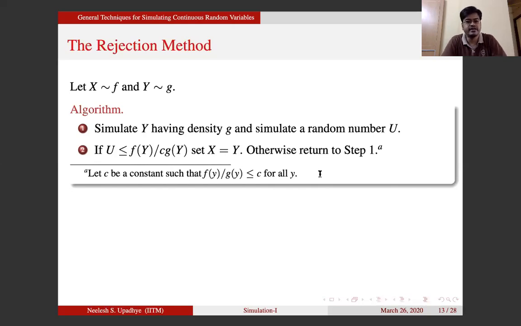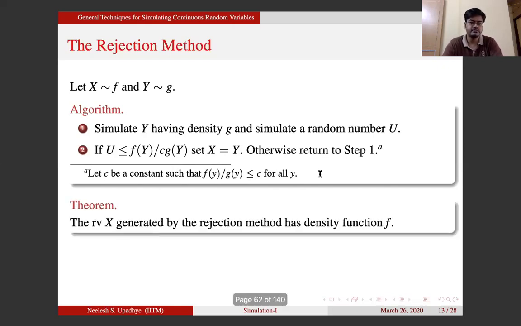That the random variable simulated through this algorithm will have density f. So we put that as a theorem: the random variable x generated by the rejection method has density function f.